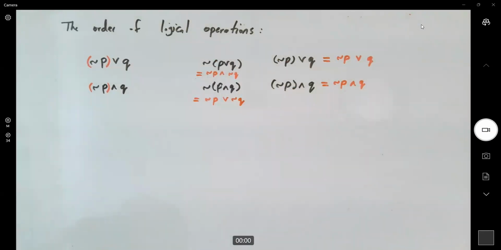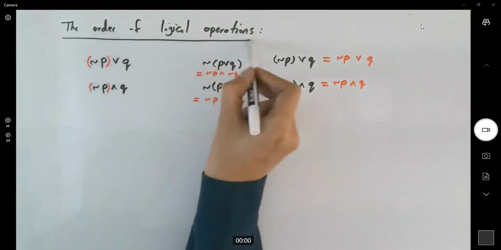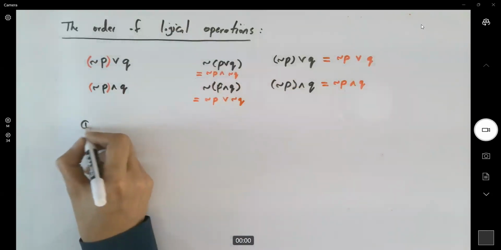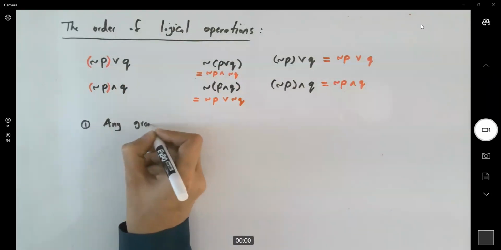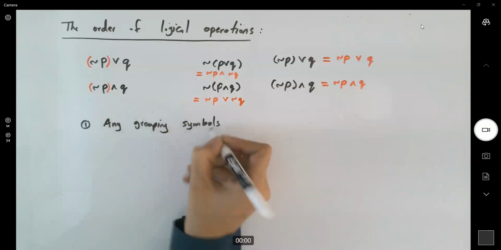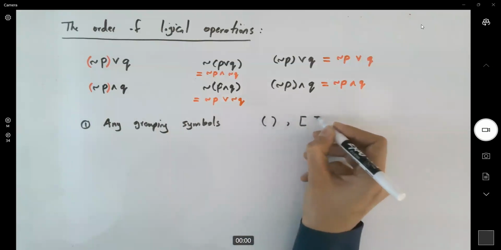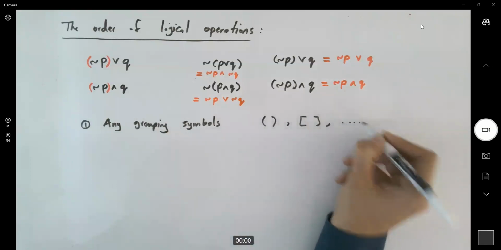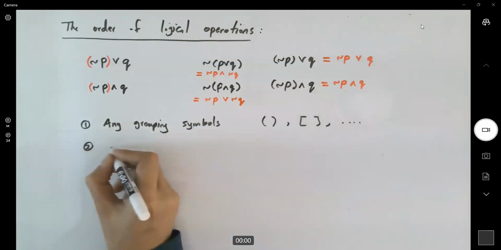So in general, when it comes to the order of logical operations, the first priority is for any grouping symbols, like parentheses, or if you have brackets, and so on.